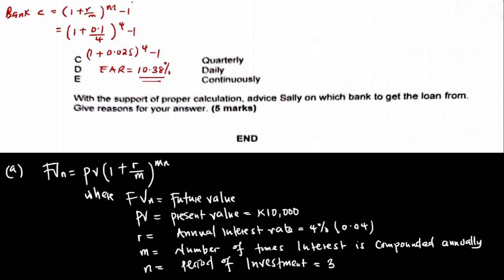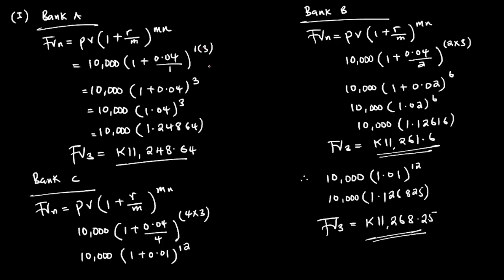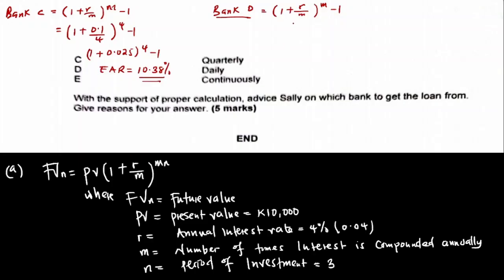We go to Bank D. Here it is 1 plus r over m, to the power m, minus 1. Now this is compounded daily, meaning that m is 365. Remember, there are 365 days in a year.